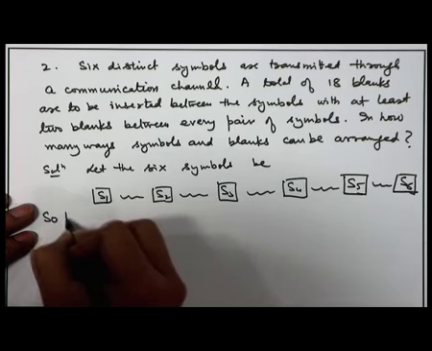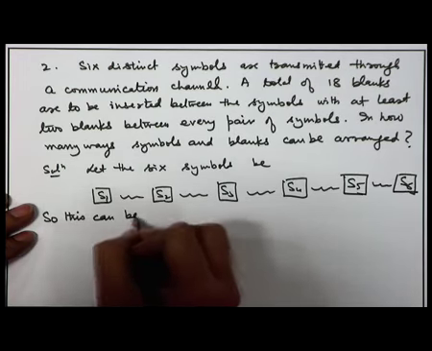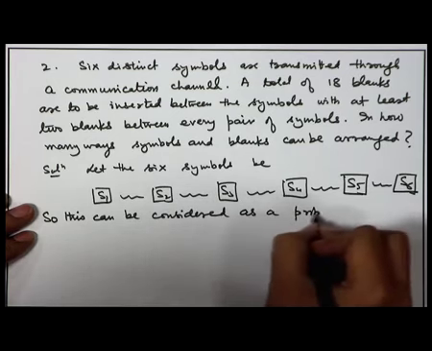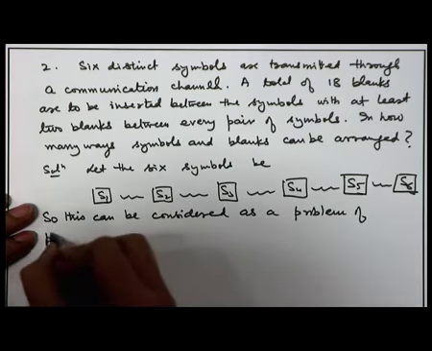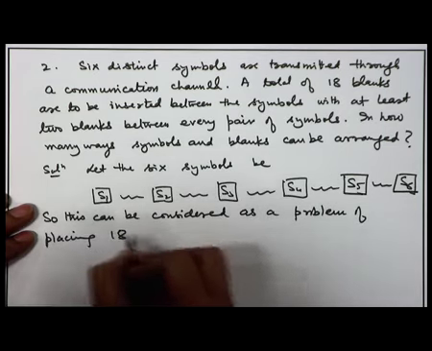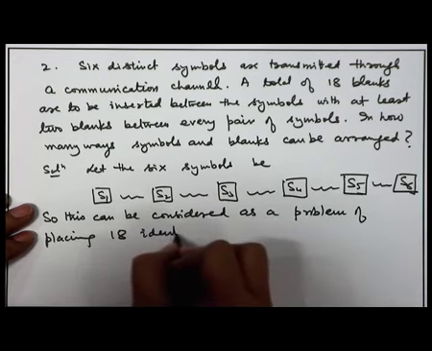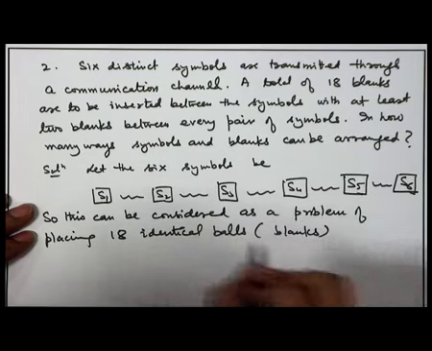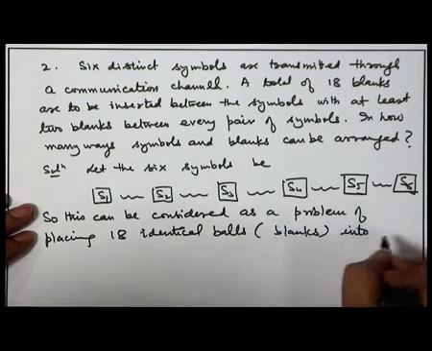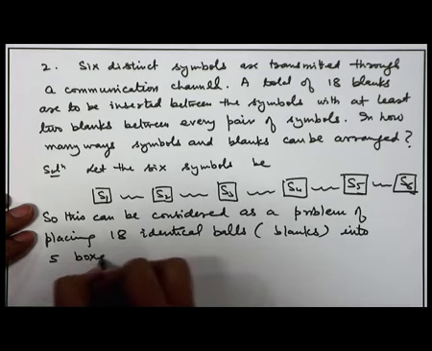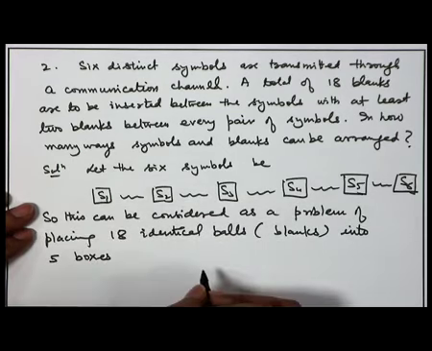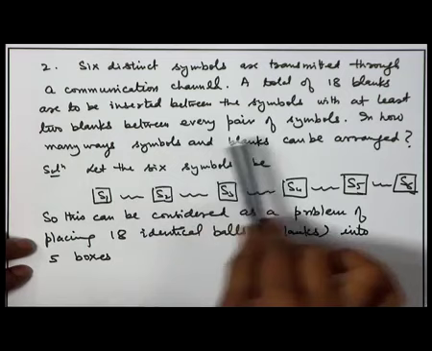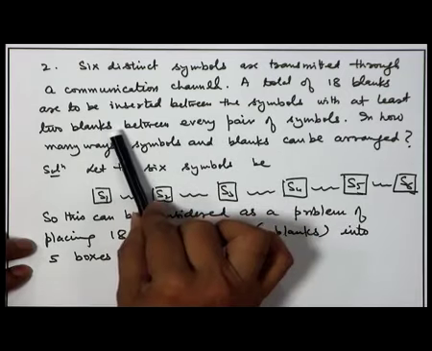So, this can be considered as a problem of placing 18 identical balls, that is the blanks, into 5 boxes. Now, first thing is that it is written that between every pair at least 2 blanks have to be there.